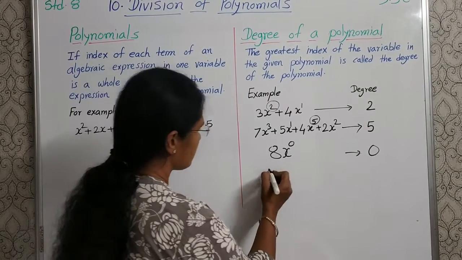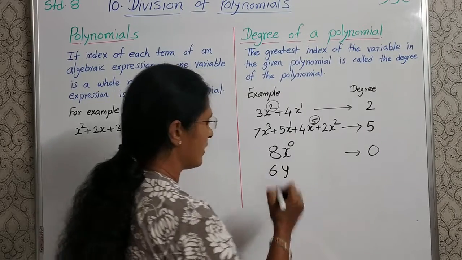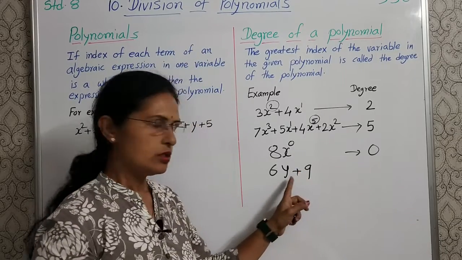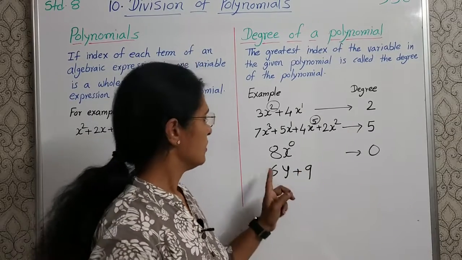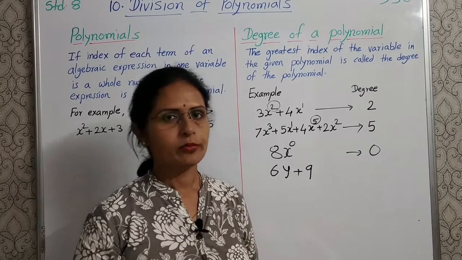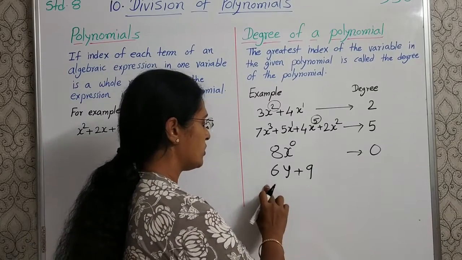Now if the polynomial is 6y plus 9, this is a binomial. It is a polynomial also. Every monomial, binomial, trinomial, all are polynomials. So here this is a binomial.